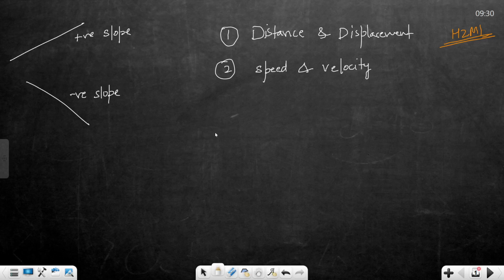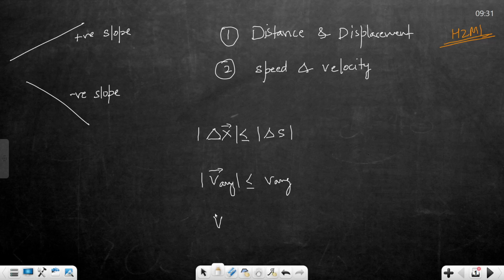And we had the conclusion that delta x, that is the displacement, is always less than or equal to delta s, that is distance, and the magnitude of average velocity is always less than or equal to average speed.